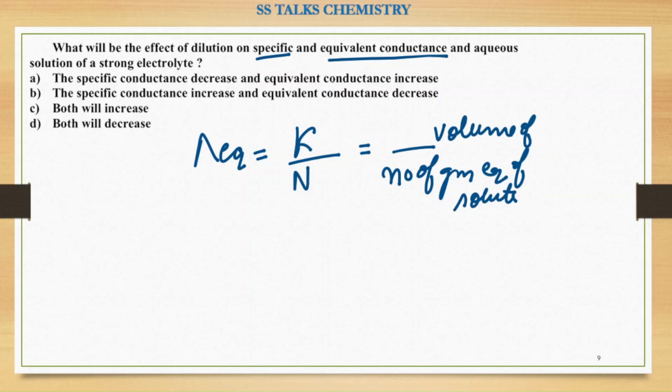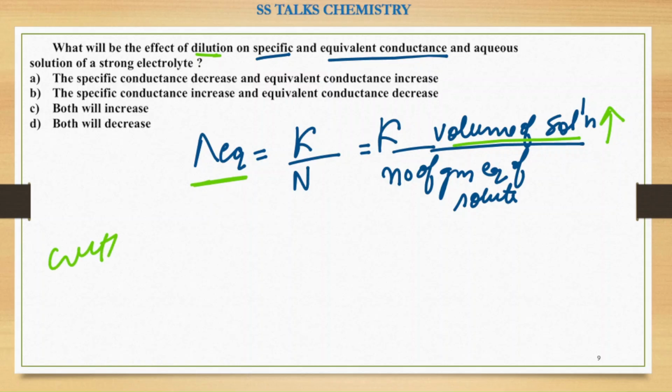Here kappa is as it is. They are saying we are diluting it, so with dilution the volume of the solution is going to increase, which means the equivalent conductance is going to increase, right? With dilution, the equivalent conductance is going to increase.